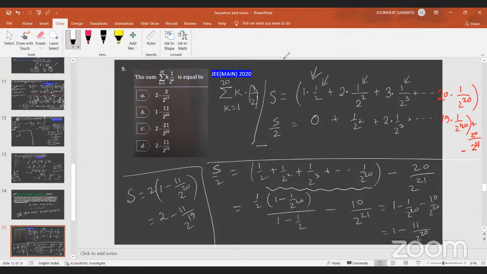Yes, sir. Did you get the same answer? Yes, sir, I also got the same answer. Ishan? 2 minus this one. So what is the option? Right option is D. Is this clear? Yes, sir. 2 minus 11 by 2 power 19.